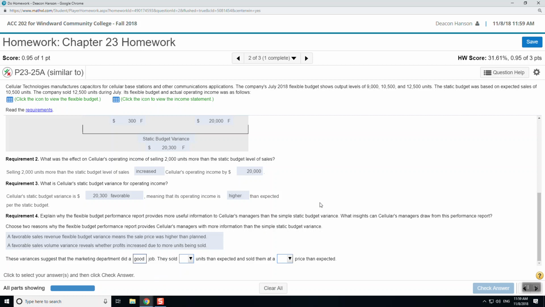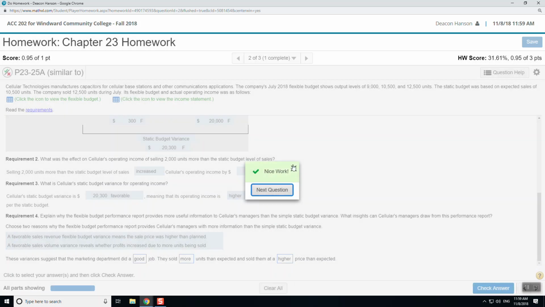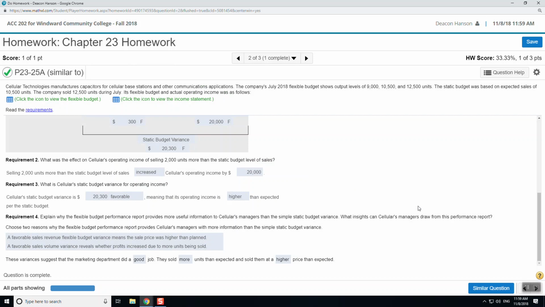If you can break it down this way, you can say the marketing department did this much more than we expected. Reward them. It says they sold more units than expected and sold them at a higher price. So maybe marketing can tie in with the price too, if you can get a higher price for what you sold. Question.